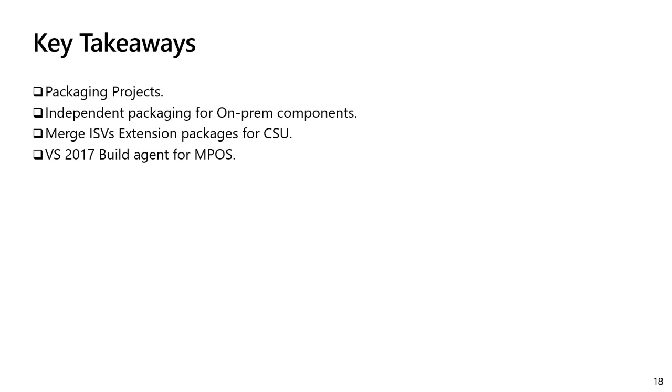For the Cloud Commerce Scale Unit today, we went through the steps to merge the packages as a part of the build. This is a kind of shorter term solution to streamline that process while we're working on the longer term solution to support multiple extension package deployments in the cloud.